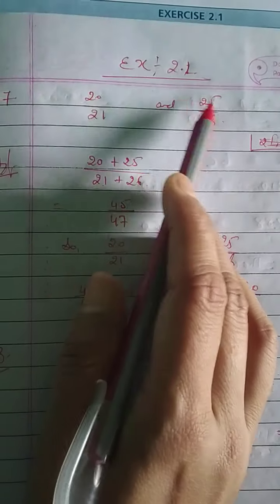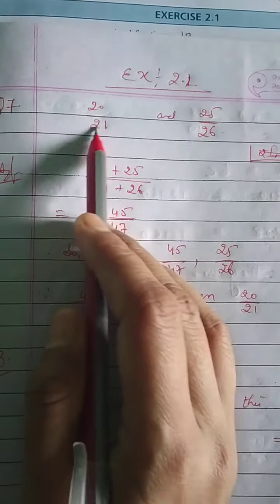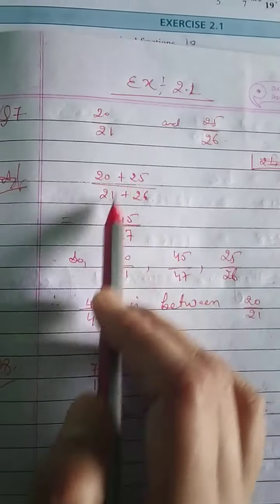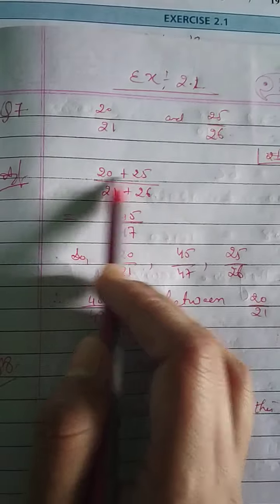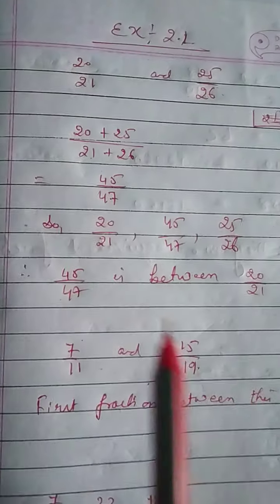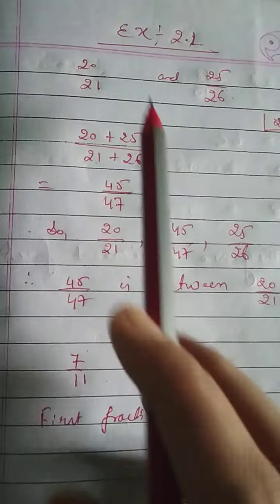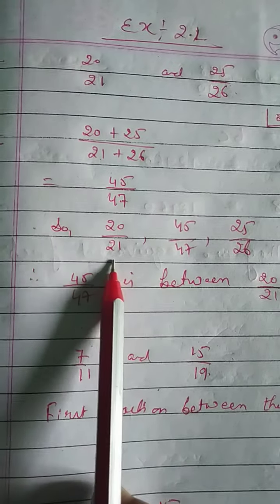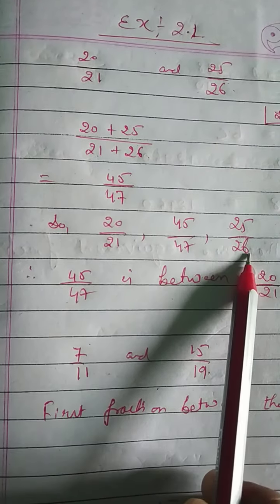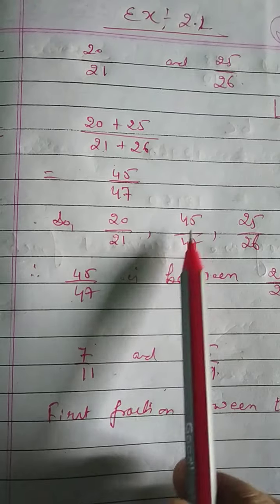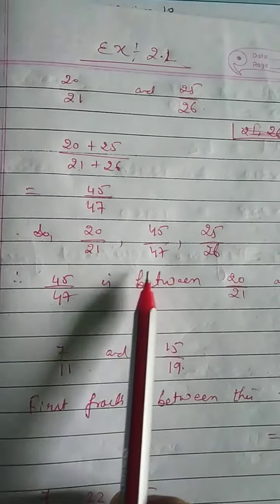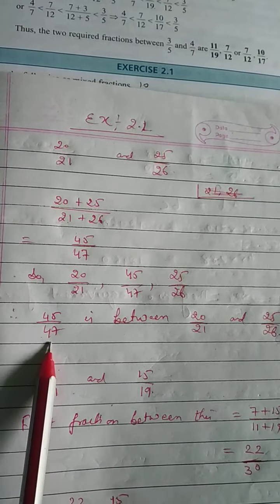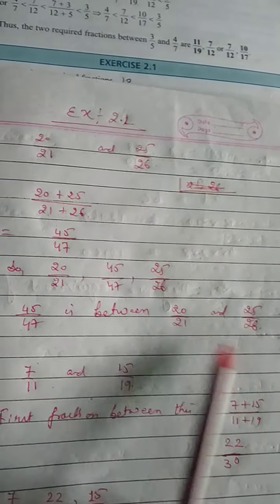We will add the numerator to numerator and denominator to denominator. 20 plus 25 divided by 21 plus 26. Okay, we will get 45 by 47. So this is the fraction which is between these two. So between 20 by 21 and 25 by 26 we will write 45 by 47. In between is this fraction. Okay, so 45 by 47 is between this and this.